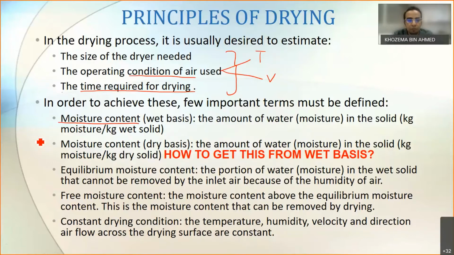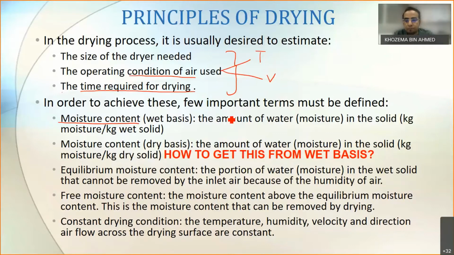So in terms of the wet basis, moisture content is basically just the amount of water in the solid. If you have more water in the solid, you will have a higher moisture content. If you have less water in the solid, you will have a lower moisture content.